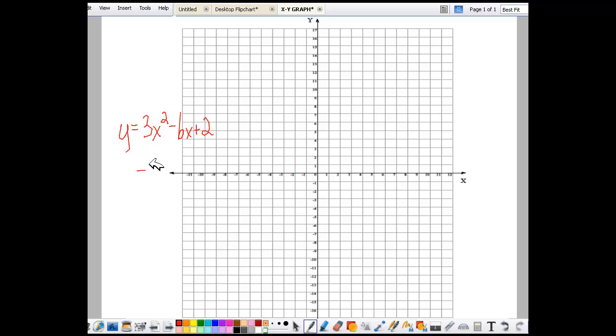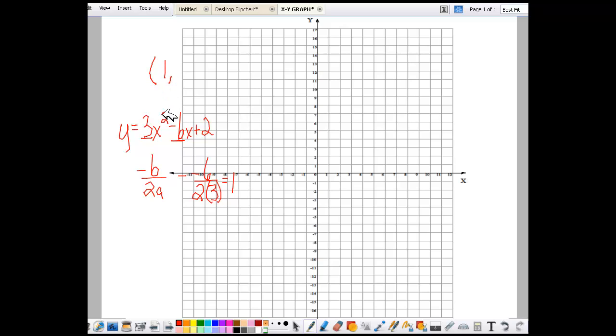So my formula, negative b over 2a. Here's my b. So minus 6 over 2 times a, which is 3. So minus 6 is a positive 6 over 6, which is 1. So for my vertex, I know at least the x value is 1.